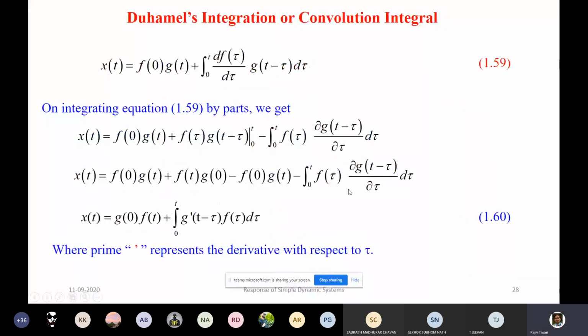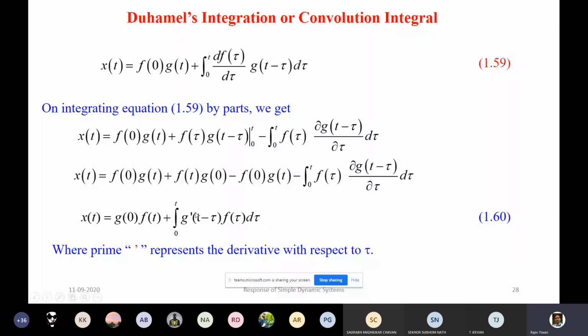Finally, you can see that some terms are getting cancelled. The first term and the third term cancel. The second term is this one, and the last term, with the negative sign from differentiation, will be positive.